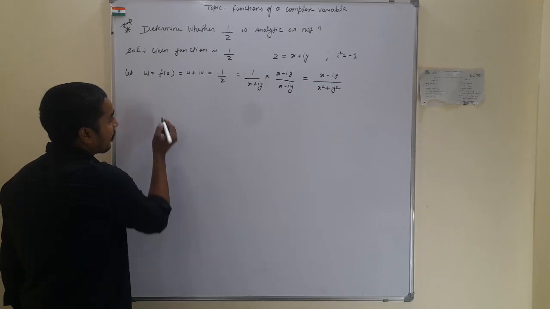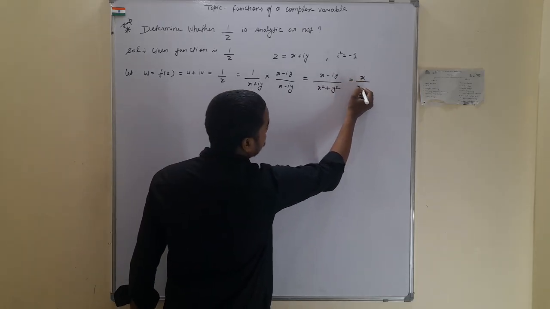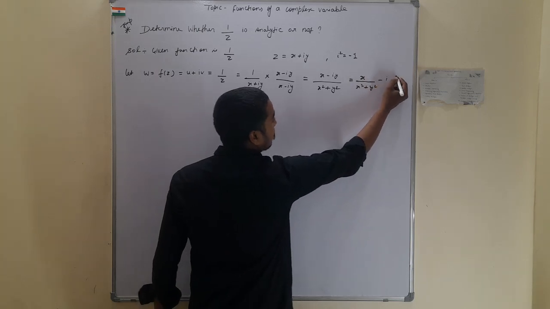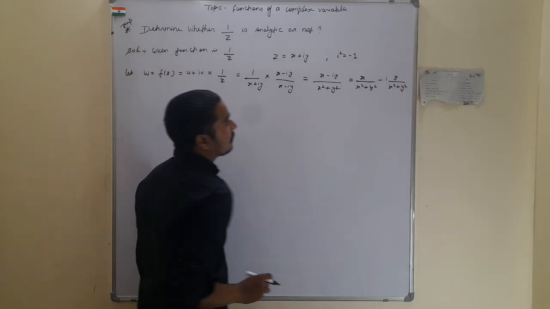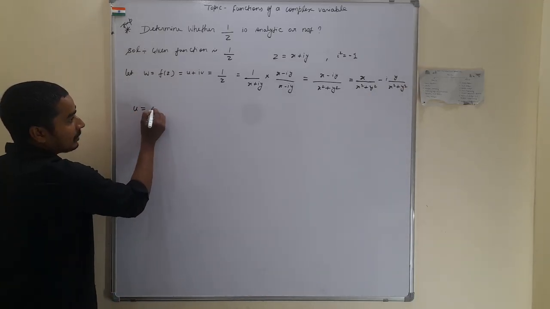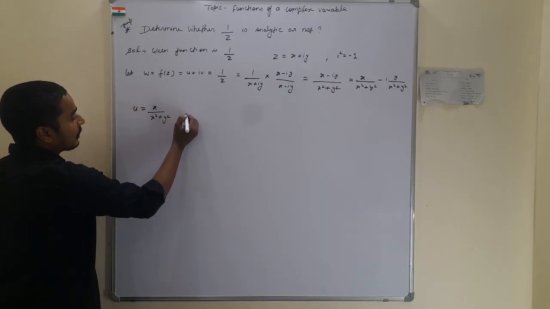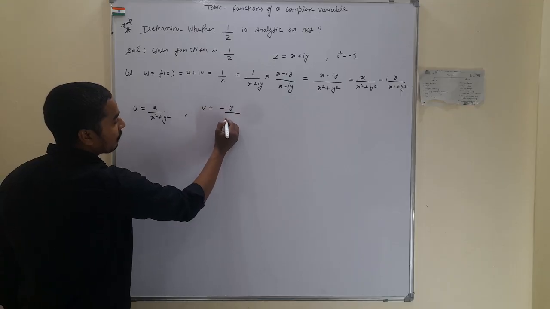This gives x upon x square plus y square and minus i into y upon x square plus y square. Equating real and imaginary parts, this gives u equal to x upon x square plus y square, and v equal to minus y upon x square plus y square.